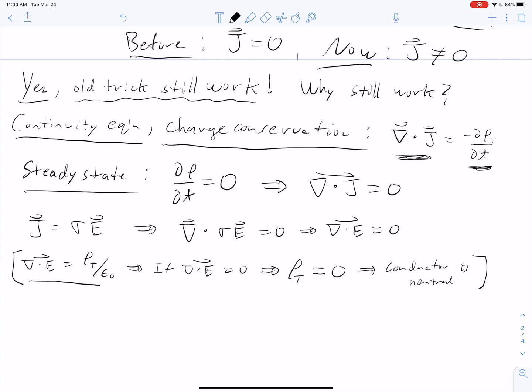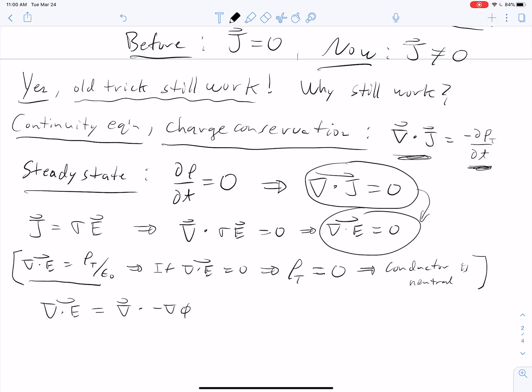But it's also telling us something else, because we just derived that, since del dot J equals 0 from charge conservation, then del dot E equals 0. But if del dot E equals 0, and E is negative del phi, then that tells us that del squared phi equals 0.